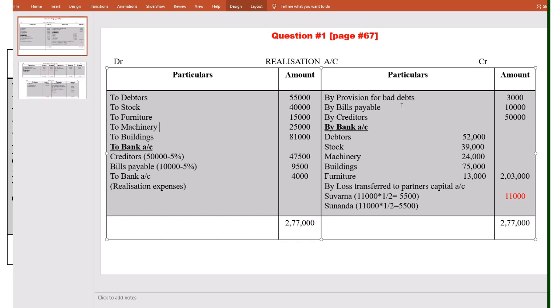Out of 10,000 they may get only 9,000, so 1,000 they have kept as a reserve so that sudden losses can be easily absorbed by the firm.